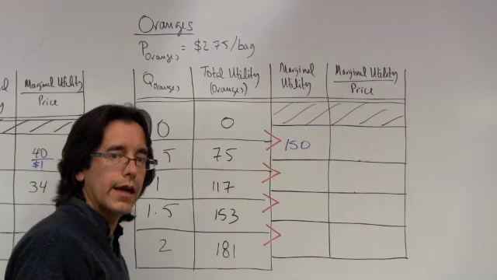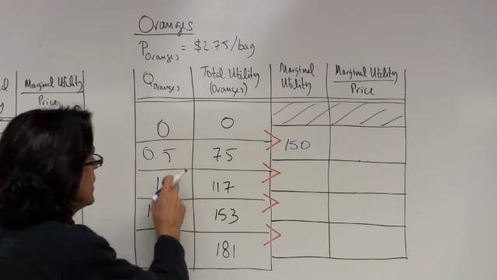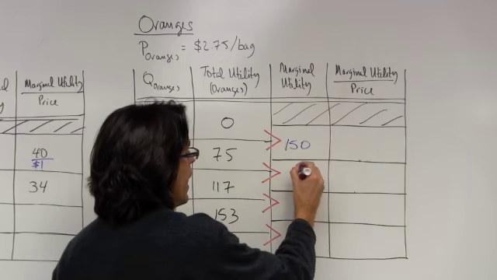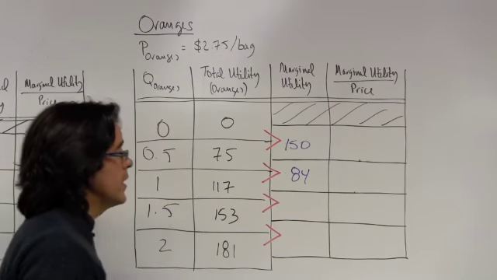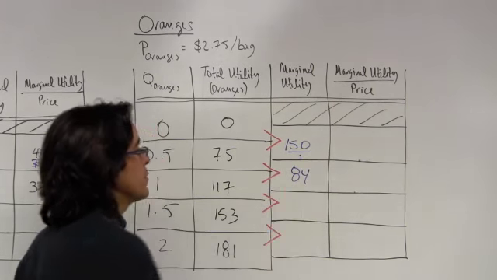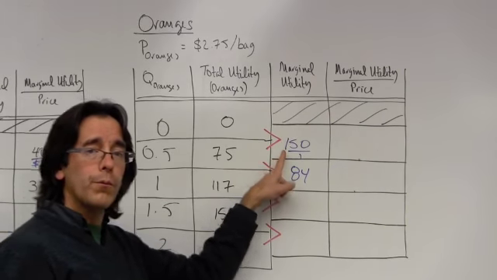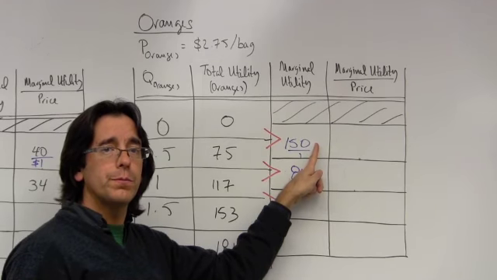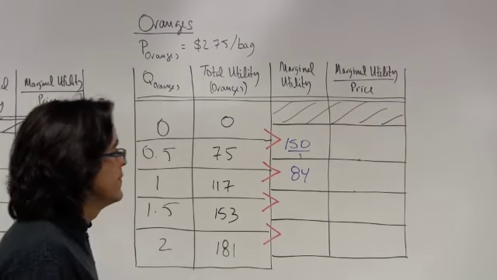You can check the work outside of the video. If we did it from 0.5 to 1, we do another calculation, and the value we would get is 84. So again, if we consume 1 more bag of oranges, our utility would increase by 150 units.